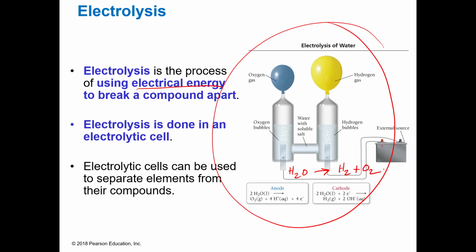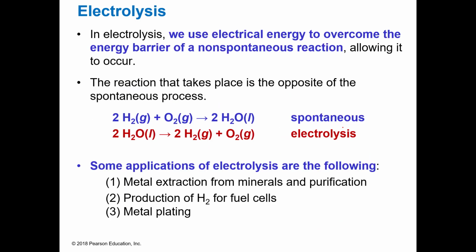So we're doing the opposite of formation, right? We're taking something that we already had and breaking it apart, capturing oxygen in one balloon and hydrogen in the other balloon. That's just a simplified drawing of what an electrolytic cell would look like. Notice we have to have a power source though, so we have to have some type of battery or plug it in or something.